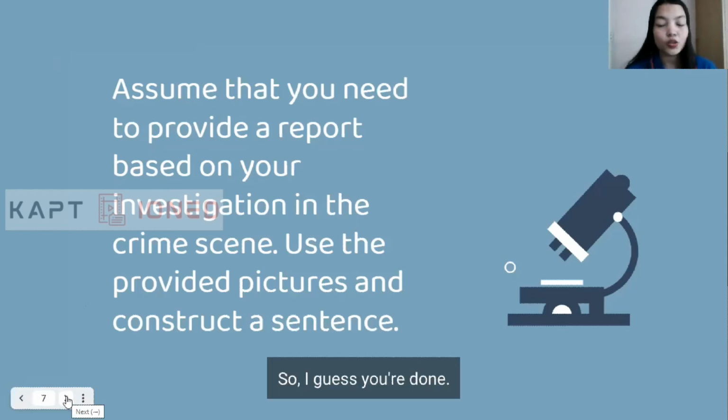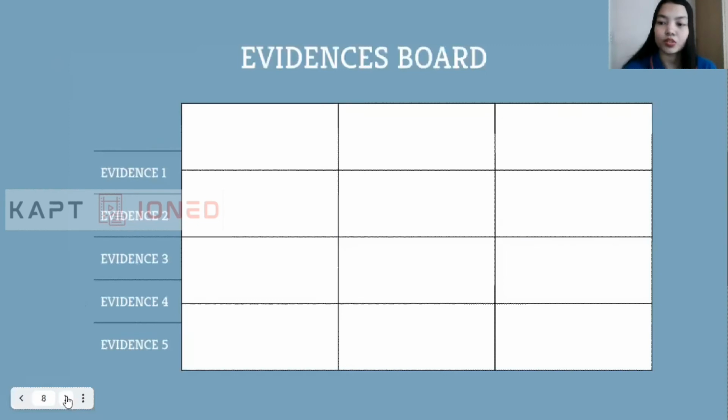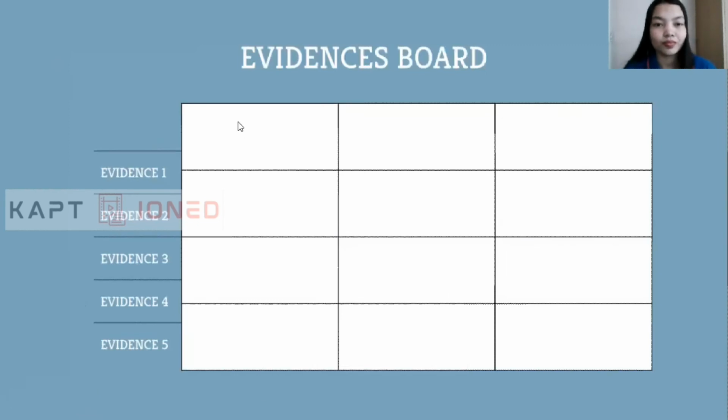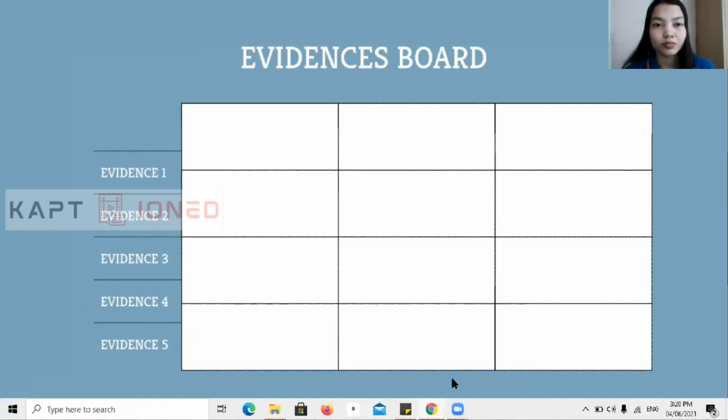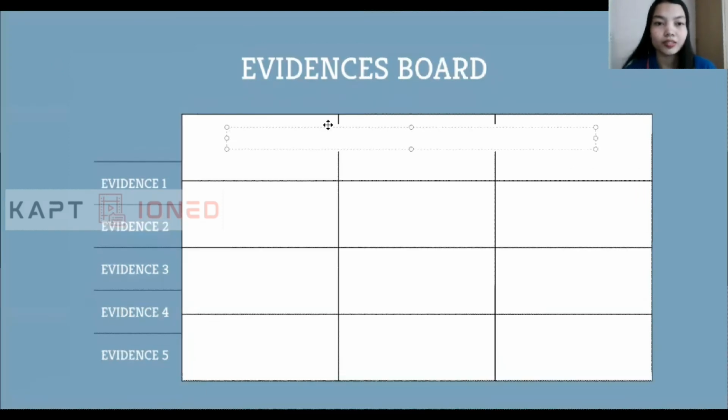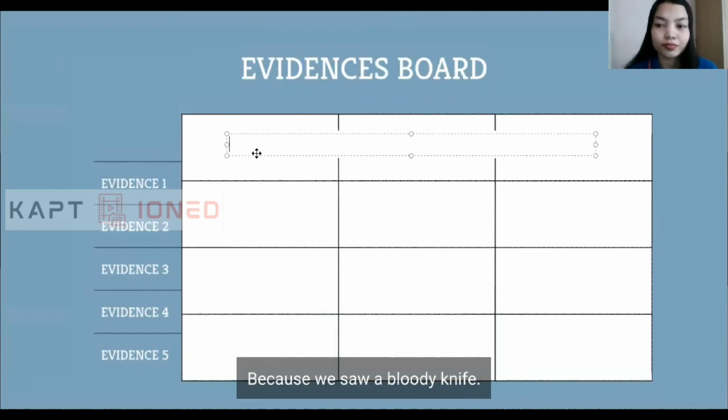So I guess you're done. Who wants to go first? Tolentino, ma'am. Yes, Detective Tolentino, what is your report? Because we saw a bloody knife, I think the killer stabbed the victim.